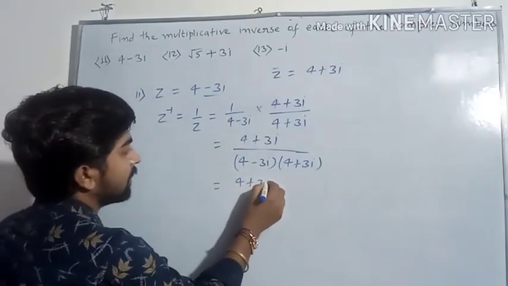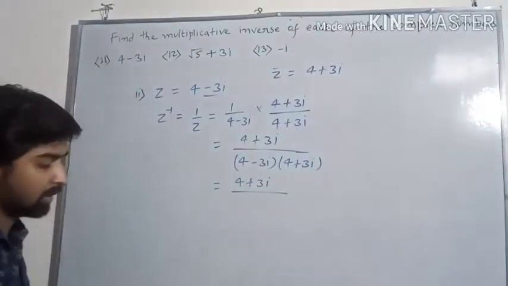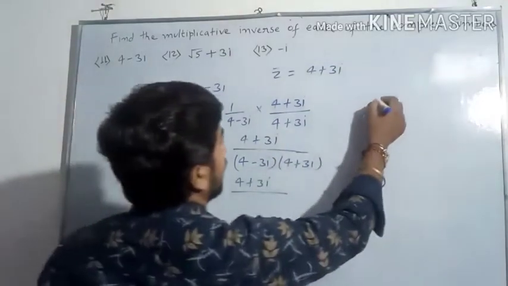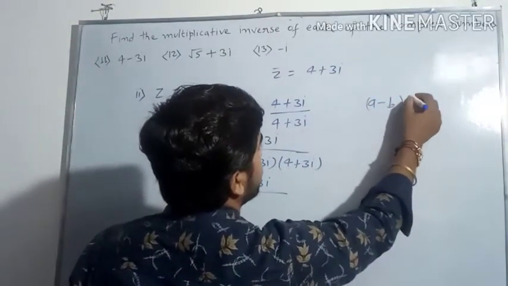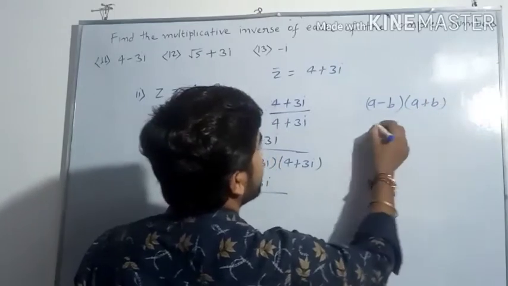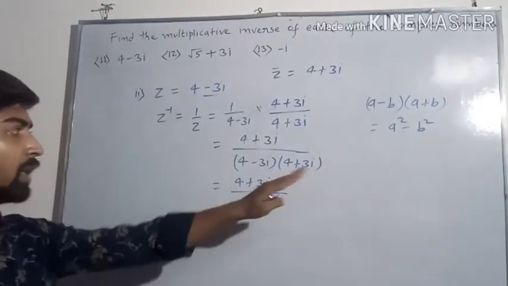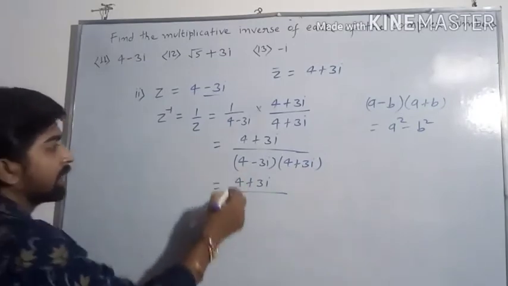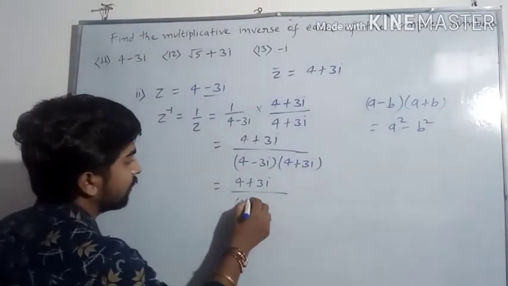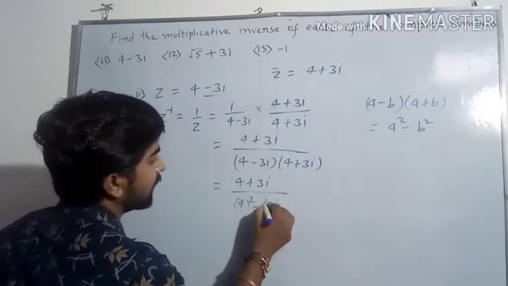Since we know a minus b into a plus b equals a square minus b square, we will use this formula here.